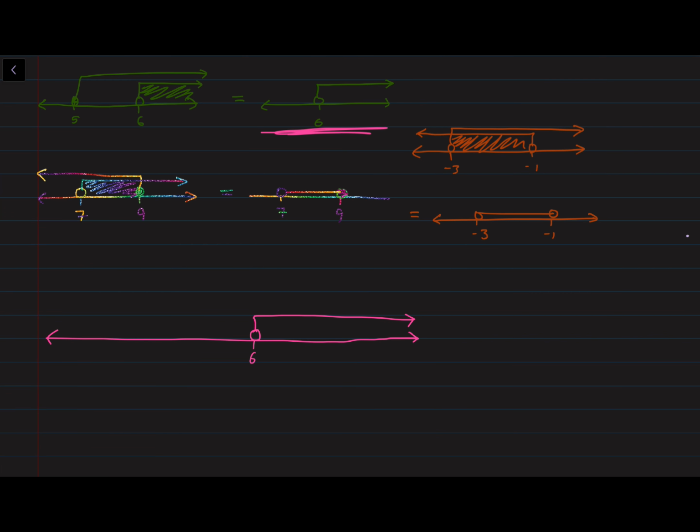Now, for the rainbow interval over here, we're looking at numbers 7 and 9, where 7's excluded and 9 is included. And we're looking at this region. And finally, we have this interval over here.